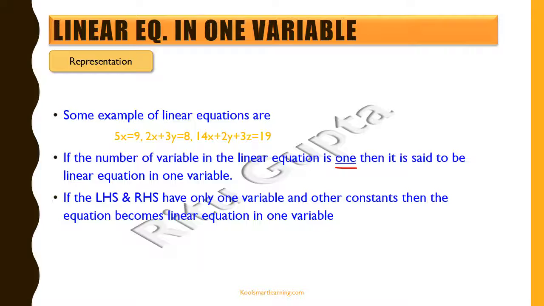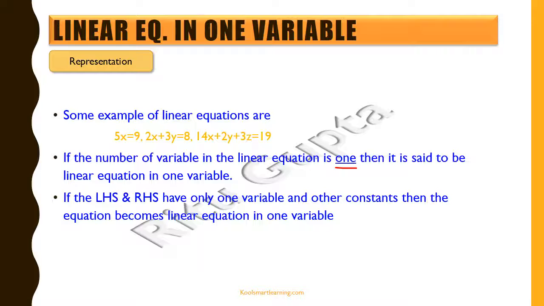If the left hand side and right hand side has only one variable and the others are all constants, then the equation becomes linear equation in one variable. Now the important thing here to understand is that the linear equation in one variable only specifies that the variable to be used has to be one, but that same variable could be used either only on the left hand side or only on the right hand side, or it could actually be used both on the left hand side and the right hand side.